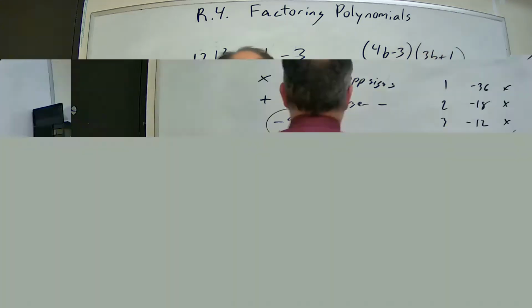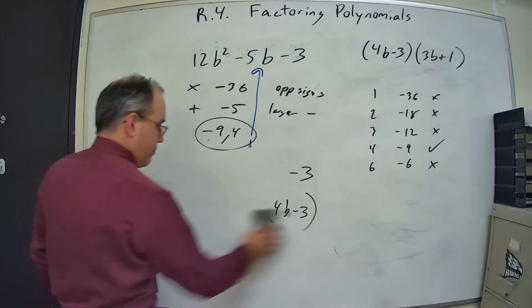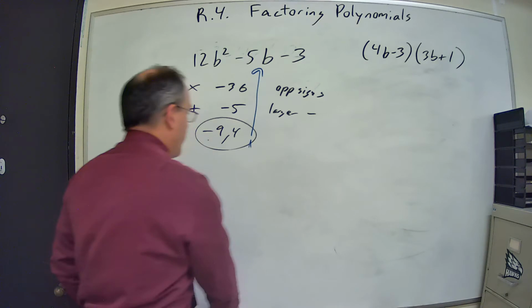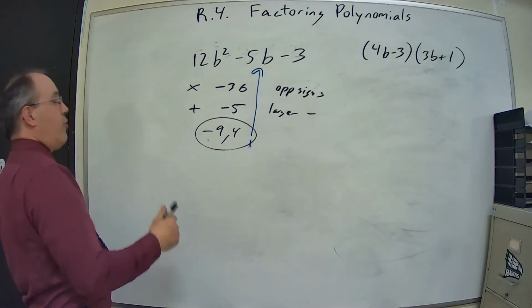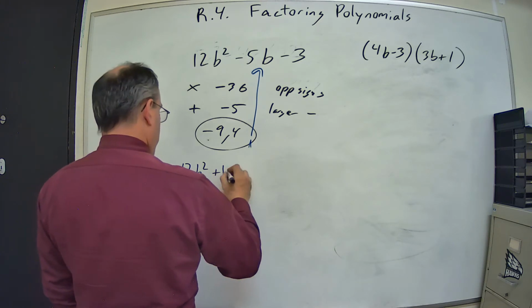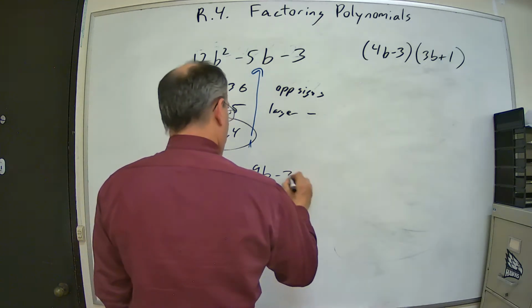And I'm going to get this stuff out of the way and reverse it. So let's use the 4b first. 12b squared plus 4b minus 9b minus 3.